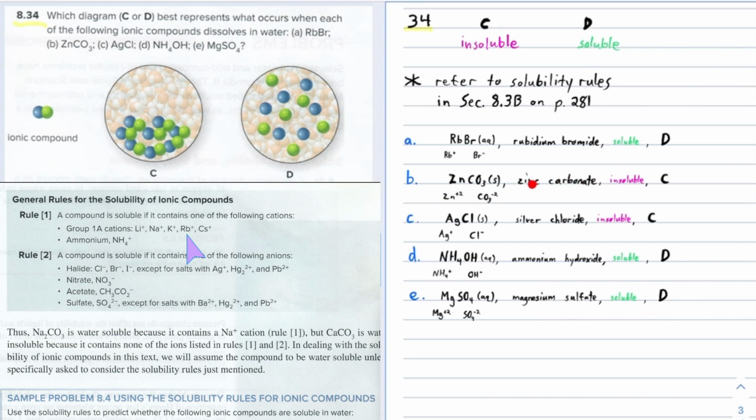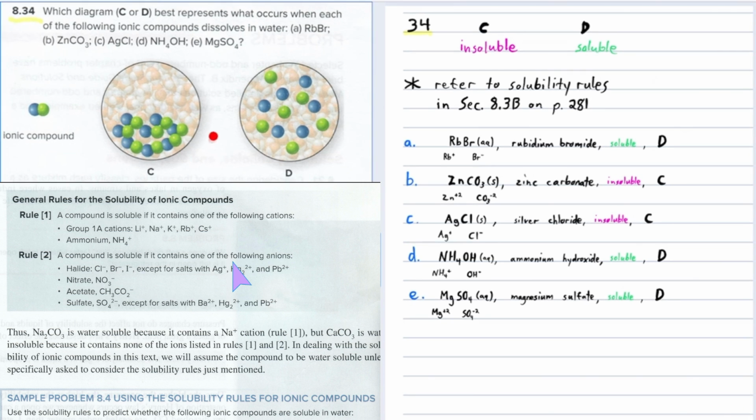Now, if it's not mentioned as being soluble in here, you should assume it's insoluble. Nowhere in here does it say compounds containing zinc or compounds containing carbonate are soluble. So I'm going to assume that zinc carbonate is insoluble, therefore it looks like mixture C.